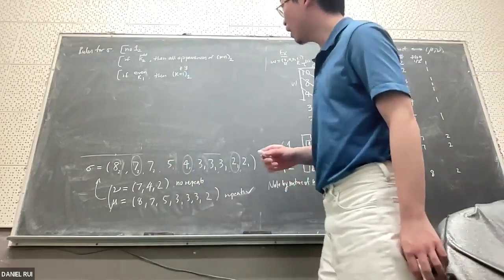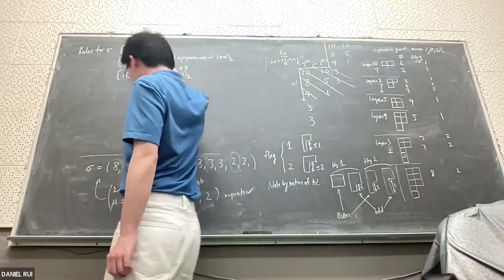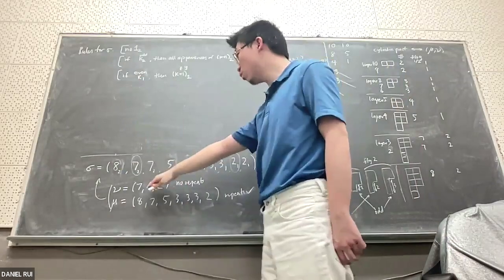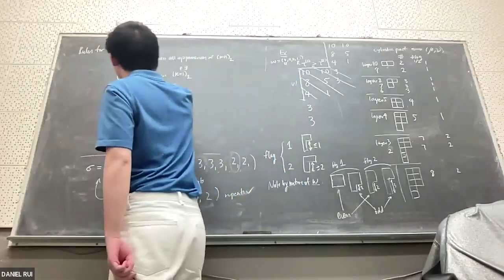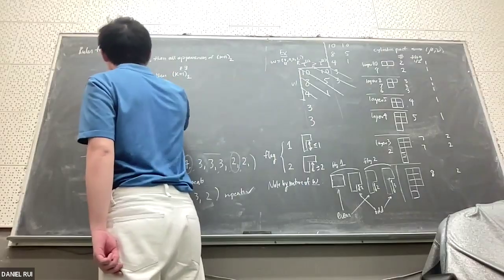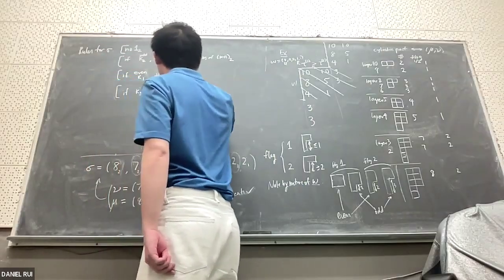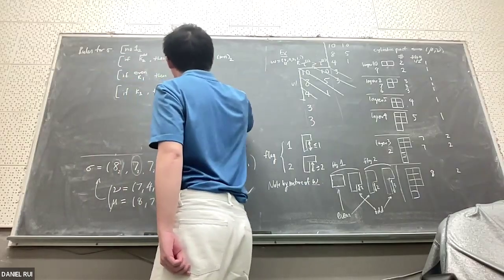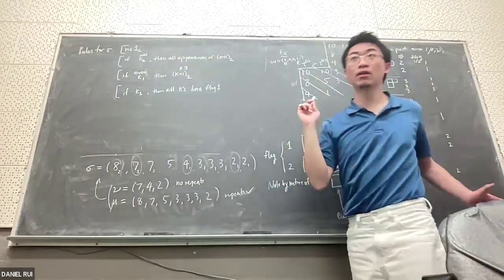And again, the rules for sigma are there are no 1 sub 2s, which guarantee that there are no 1s inside of mu, which we wanted. Furthermore, one condition I forgot is that if k sub 1 appears, then all k's have to have flag 1, which is obvious from inspection.